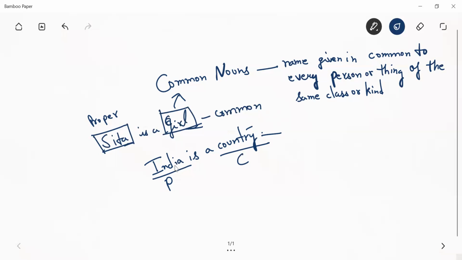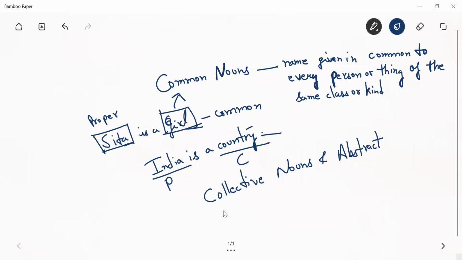Secondly, what does common noun include? Under it we get collective nouns and abstract nouns. You know these two?